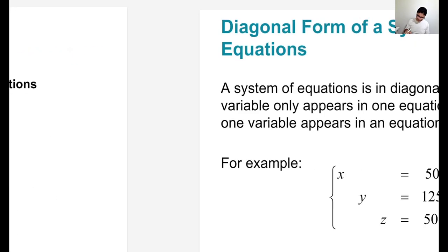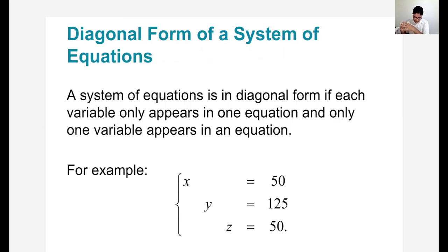so let us begin. Diagonal form of a system of equations. What is it? Suppose you have a system which has three variables, like this example here, and your three equations are the way they are written. Isn't that the best? Right?